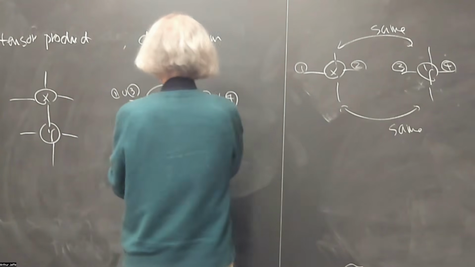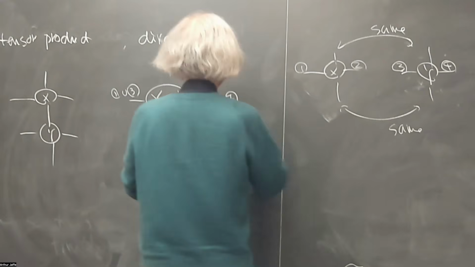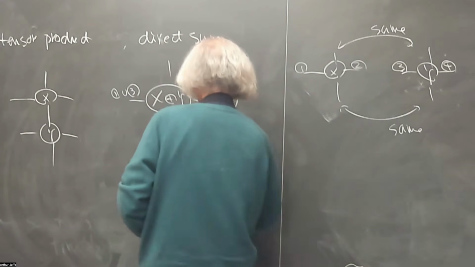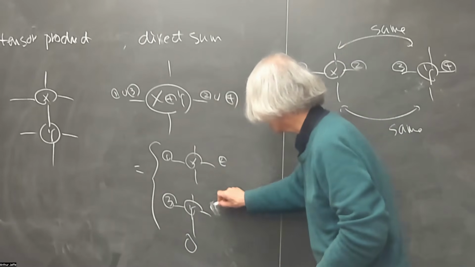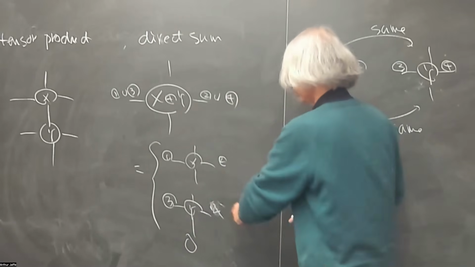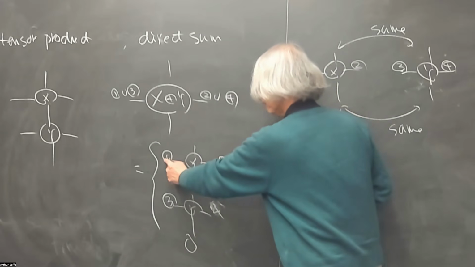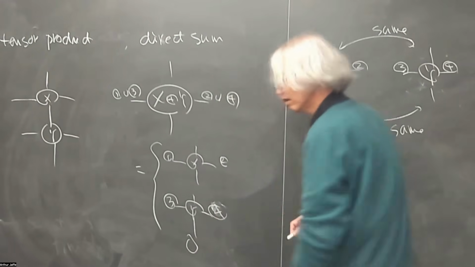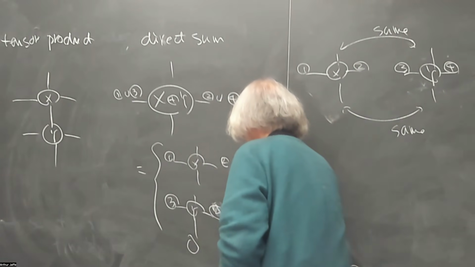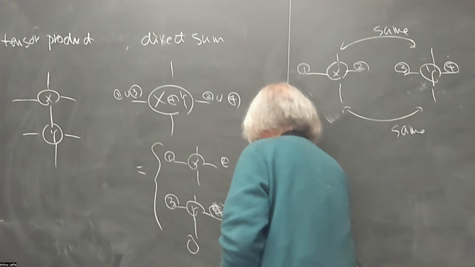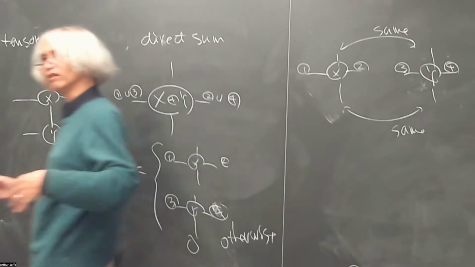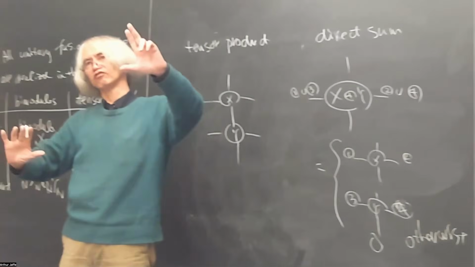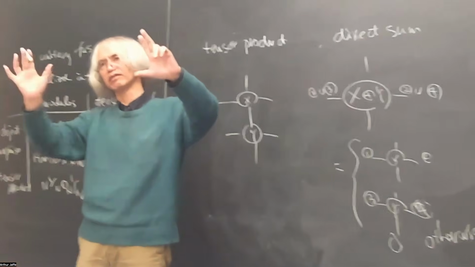So if we use 1 and 2, we just use the original value. And if we use 3 and 4, we use the original value of y. And otherwise, for example, if we use 1 from set 1 and here we use something from set 4, we get 0. So this is just a direct sum of matrices. So we have a diagonal sum of 2 matrices and the off-diagonal parts are 0.